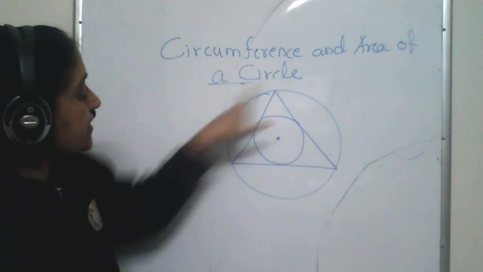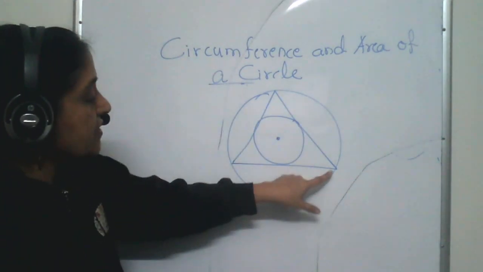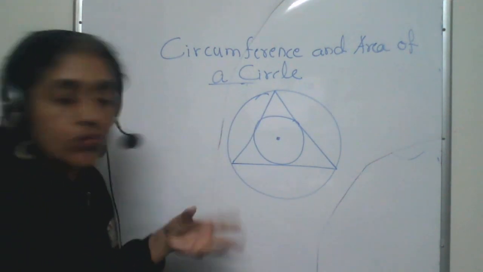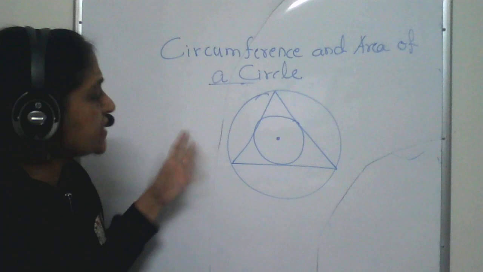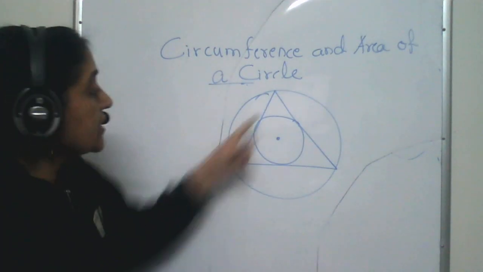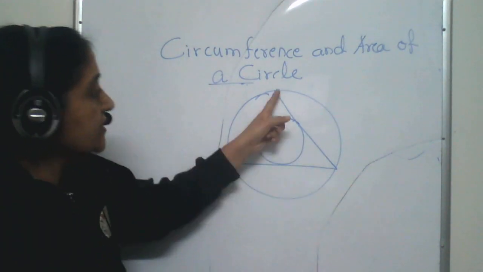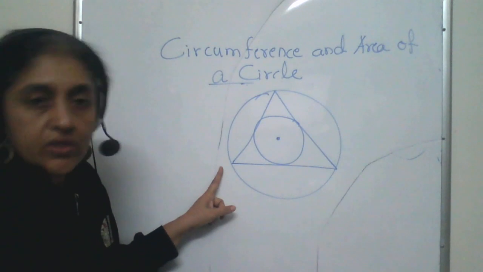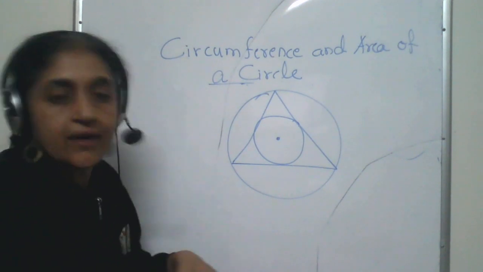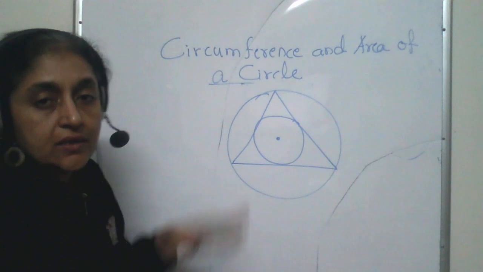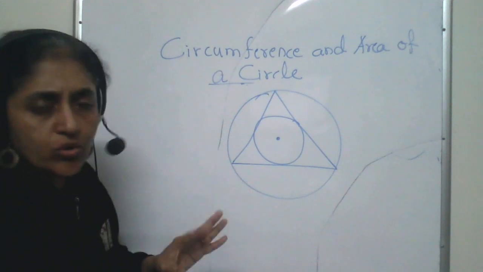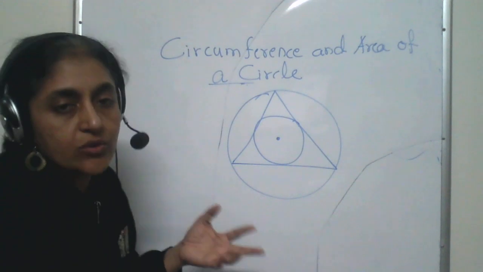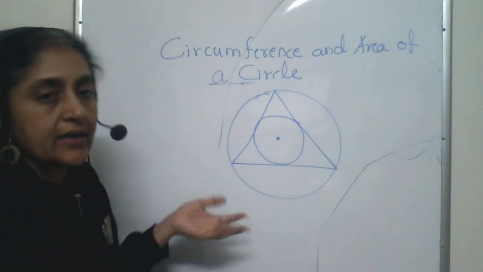Now when we say circumcircle, it covers all the vertices of the figure, whatever we are putting inside. Putting inside means circumscribing. If this is a triangle, it has three vertices, and all three vertices are lying on the circumference. It is not only a triangle that can be inside the circle; you may get a trapezium, square, parallelogram, rectangle, anything.